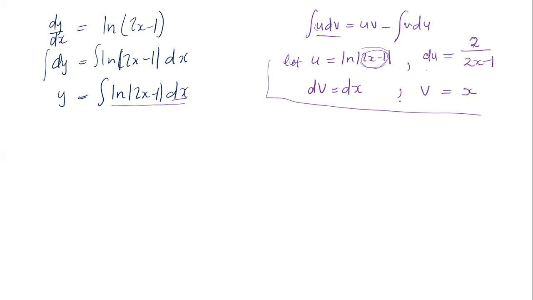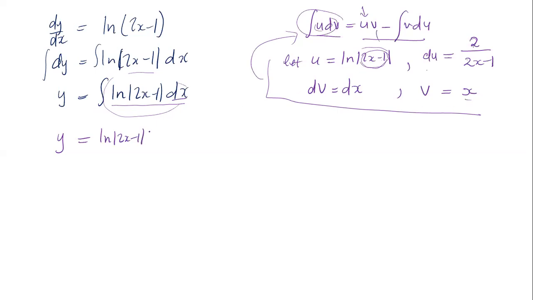And therefore this information, we're going to substitute it onto this equation. But we don't need this side, right? We only need this part, which will correspond with this part. So now we have y on this side is equal to, now what is u? We said our u is going to be ln of 2x minus 1. And then what is our v?